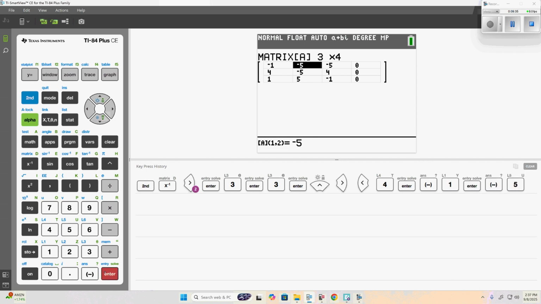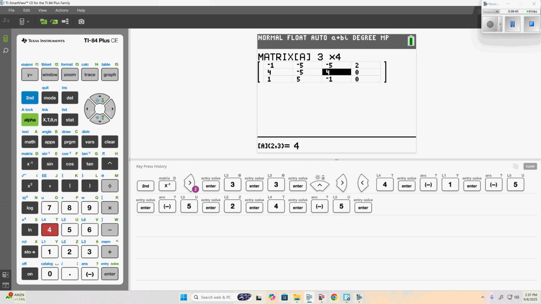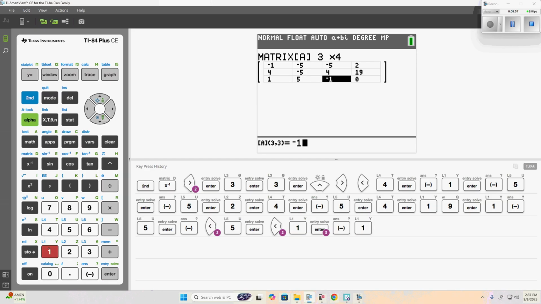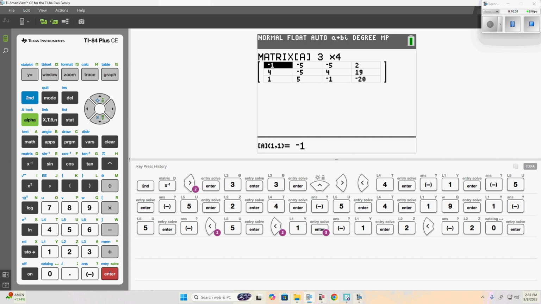So -1, -5, -5, 2, 4, -5, 4, 19, 1, 5. Let's see here. That should be 5. That should be 1, 5, -1, -20.